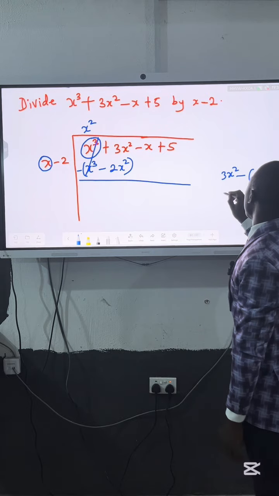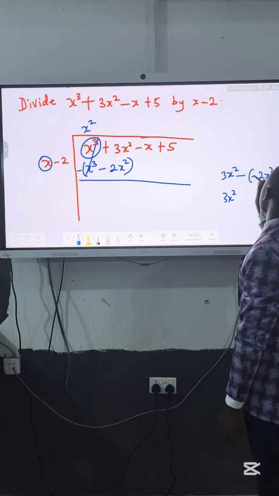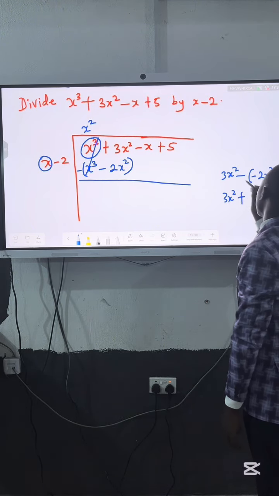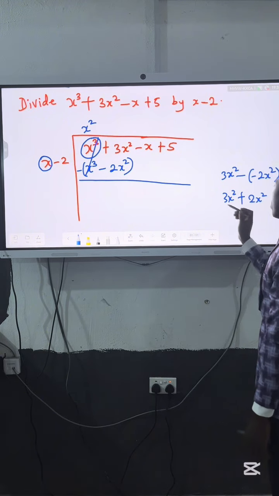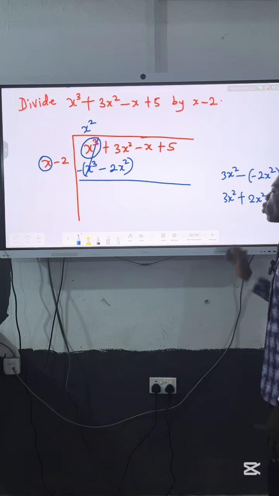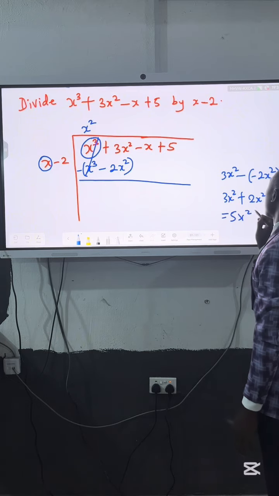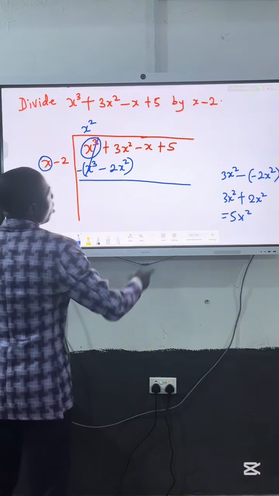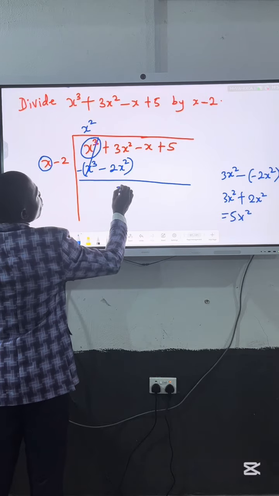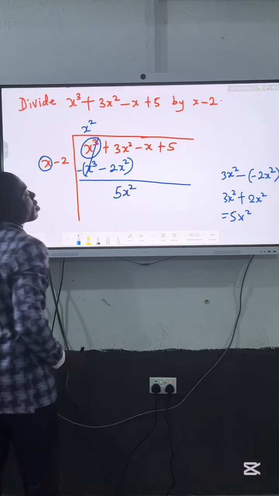Minus times minus is plus. Then 2x squared, they are alike. So 2x squared plus 3x squared is equal to what? 5x squared. Is that okay? So in this place you have 5x squared.